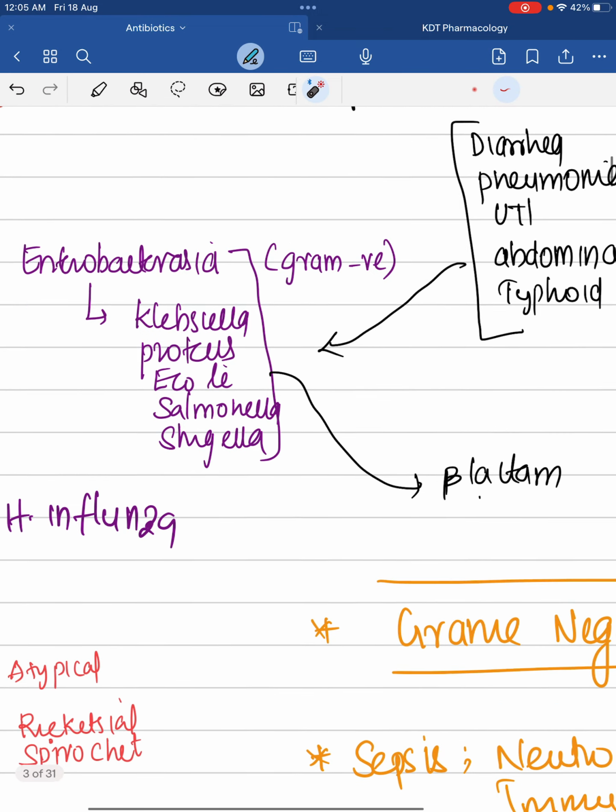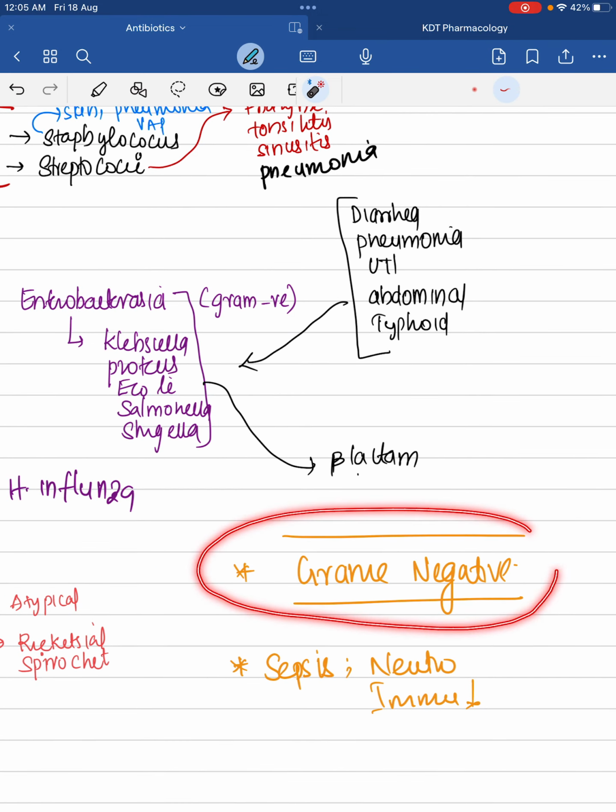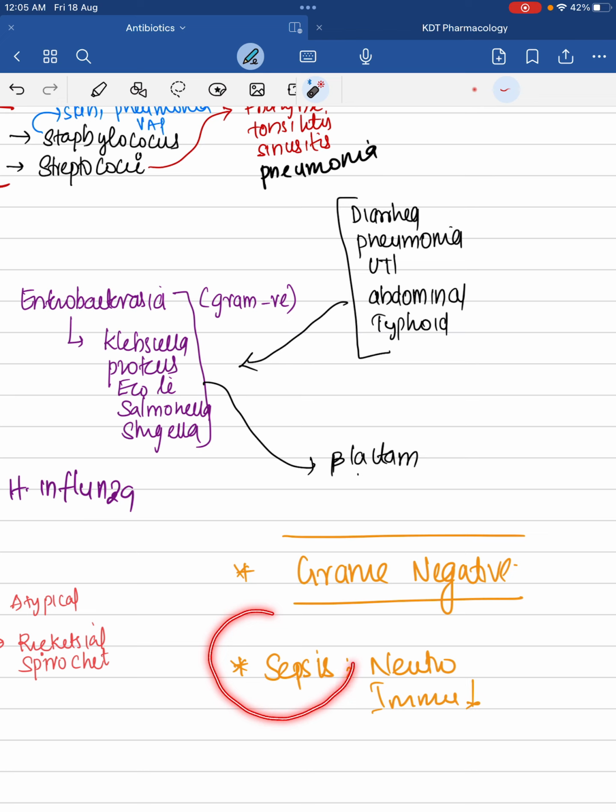The take home message from this slide is that we have to keep gram negative organisms in mind, because the majority of infections have a gram negative contribution, and in sepsis also we have to think of gram negative coverage.